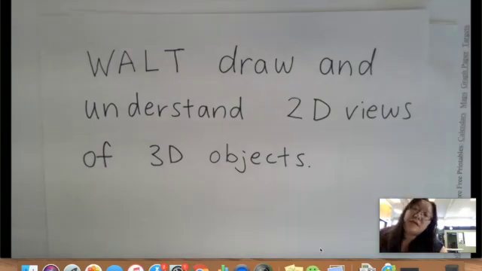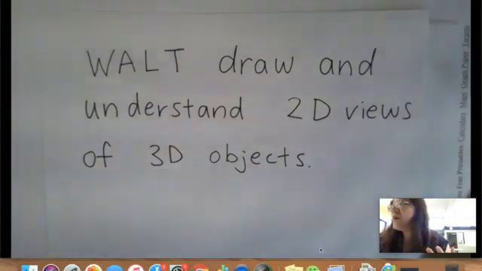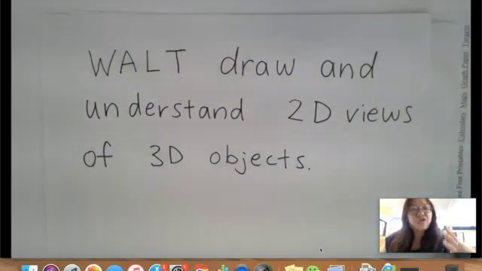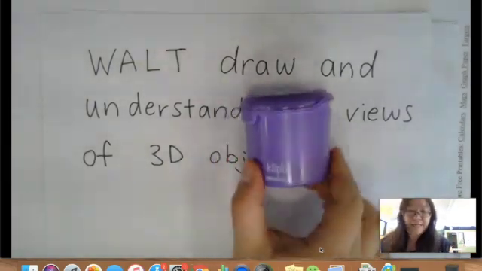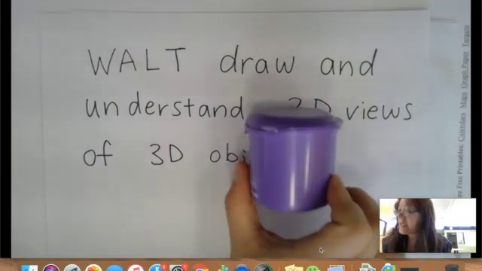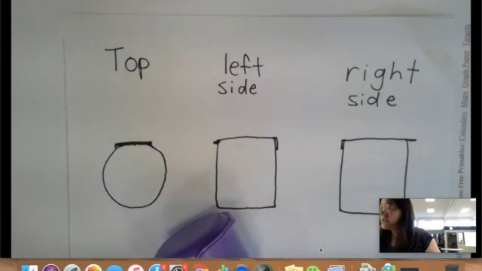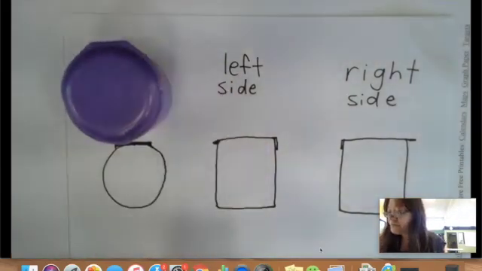Now, the first thing that you should know about doing 3D objects is that when you're thinking about them in 2D, you really have to change your mind frame to ignore things like curves and sticky outy bits, okay? So for example, here is a little cylinder, a little canister that I've got. Now, if I'm drawing that in 2D, that's the circle, that's the top view.